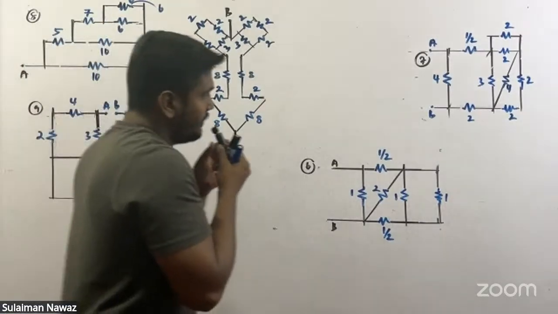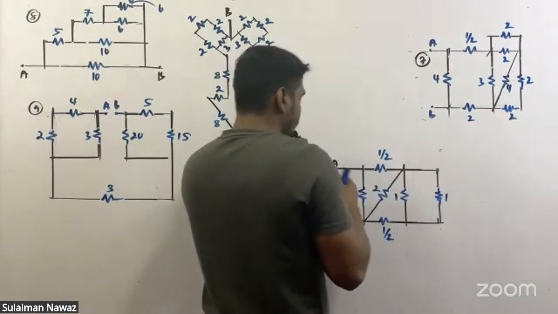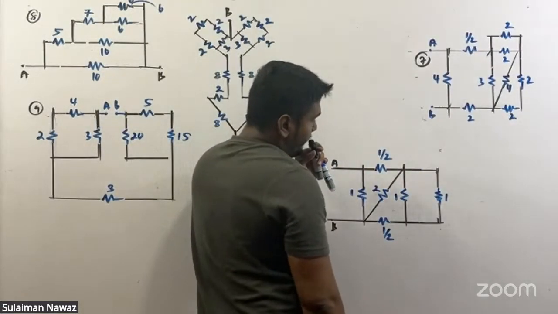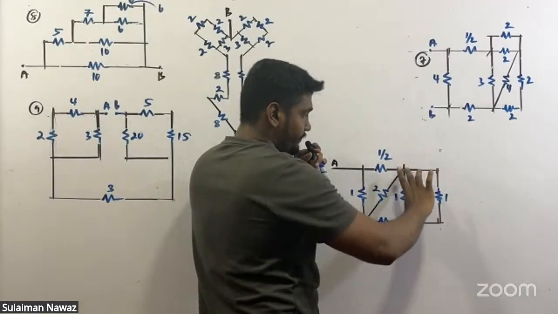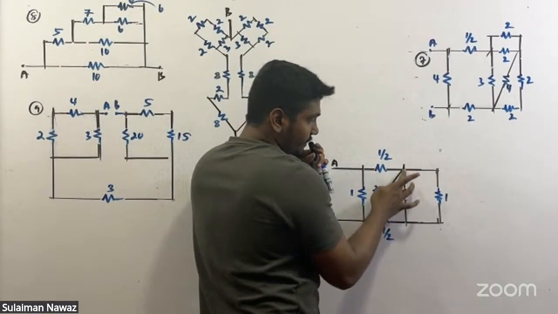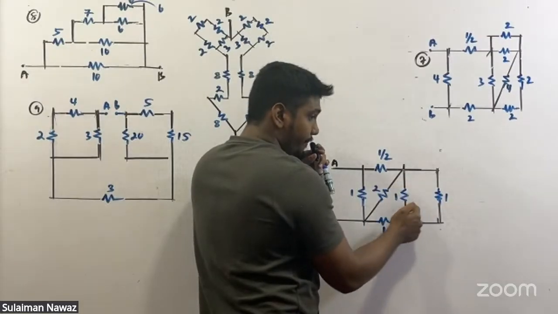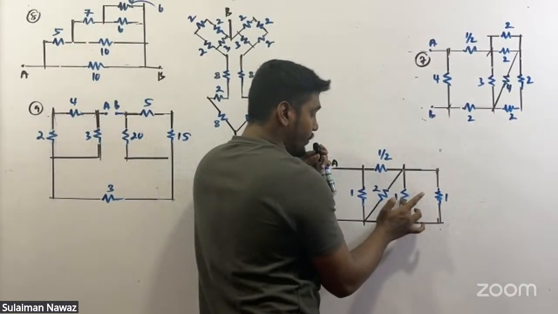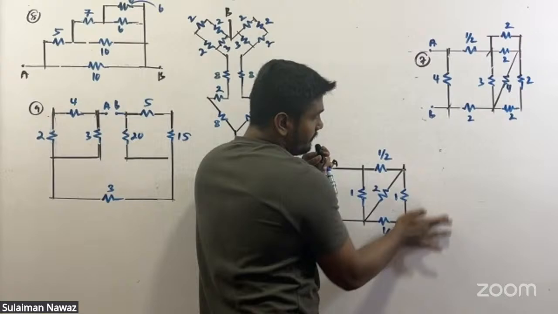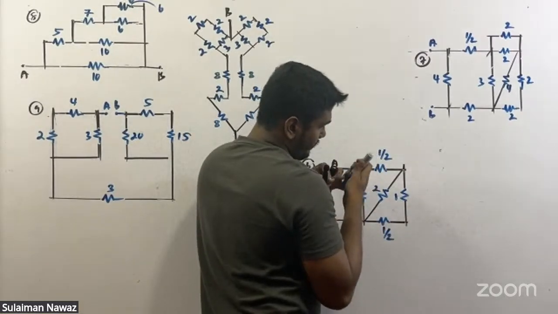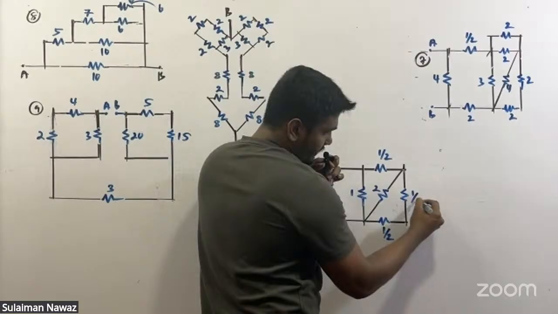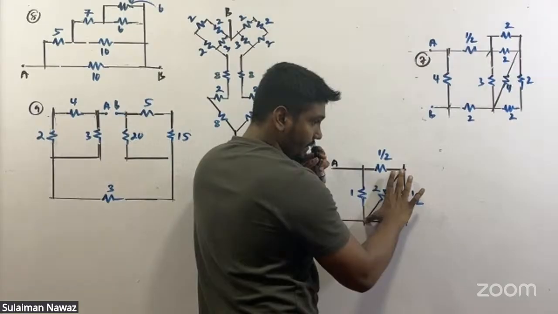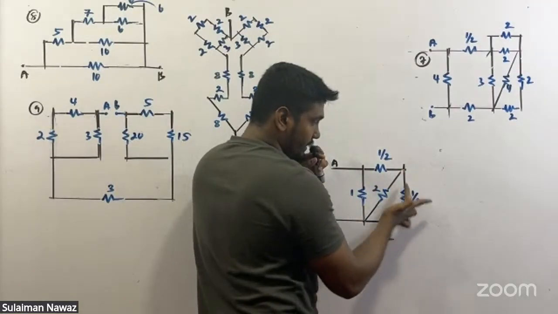See. Take 2 points. So better you can take 2 points away from A and B. If I take these 2 points, these two are parallel. Then the equivalent of these two going to be 1, 1, equivalent of these two going to be half. Then between these 2 points, these two in series.